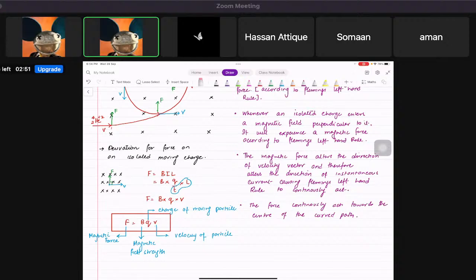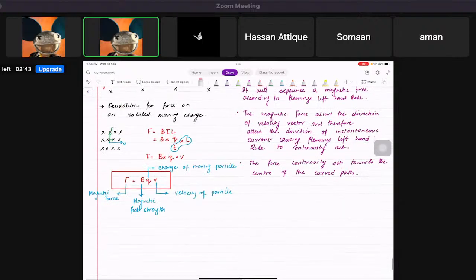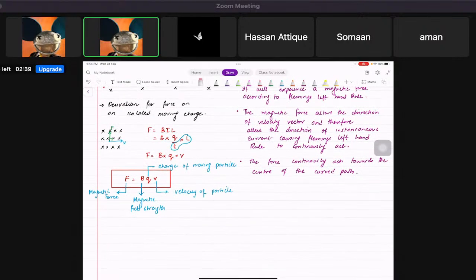What we have learned from all of this is that the force we've just seen can be regarded as the centripetal force.